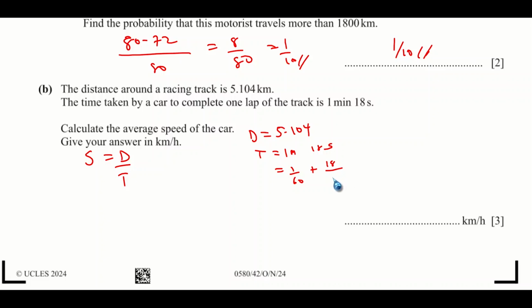So that means it will be divided by 60 times 60, that will be 3600. So if you solve this, you will get 13 over 600. So that will be in hours.